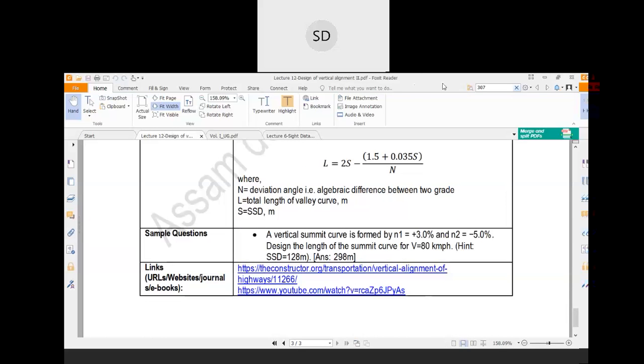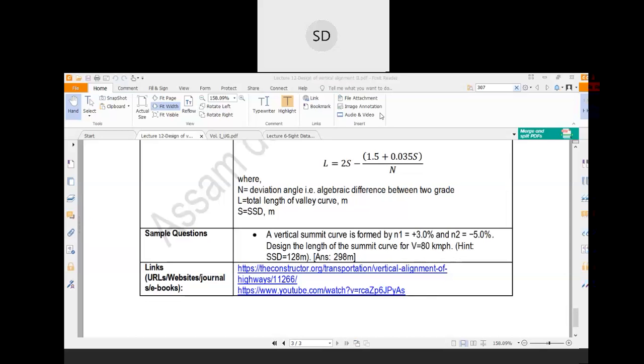You remember the formula for the stopping sight distance?